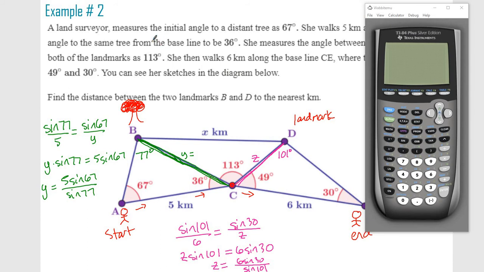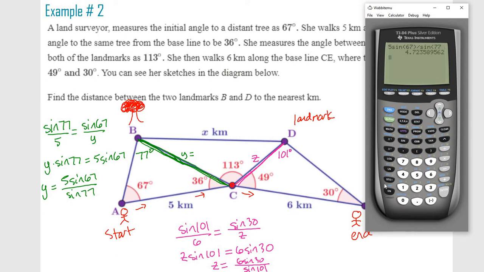Okay, so we've got problems because we want to use these numbers in our next calculation, but we don't want to use the rounded answer. So we've got to figure out how to handle that. Well, we can use our calculator. So I labeled this as y, so I'm going to go over here and plug that in. We do 5 times sine 67, again I'm solving for the green one, divided by sine of 77.